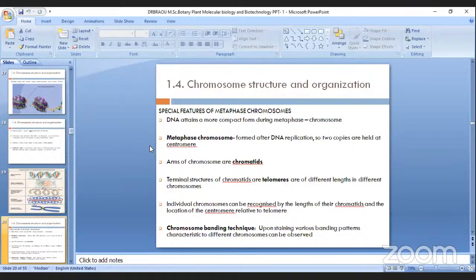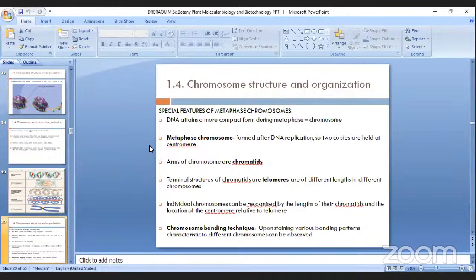The terminal structures of these chromatids are called telomeres. They vary in length. Individual chromosomes can be recognized by the length of the chromatids and the location of the centromere.